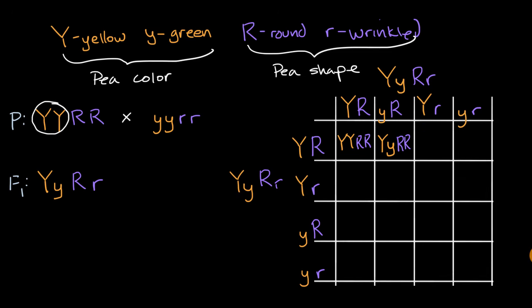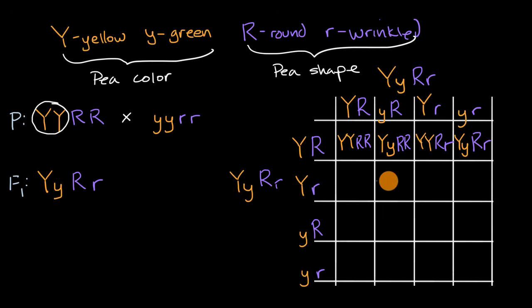This scenario over here, capital Y from both parents, and you're getting a capital R from this parent and a lowercase r from that parent. And then this scenario over here, you're getting a capital Y allele from this parent and lowercase y from that parent. And you're getting a capital R from this parent and a lowercase r from that parent.